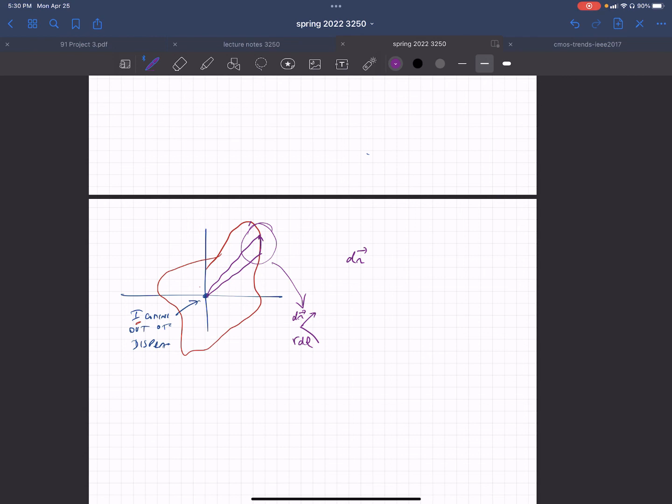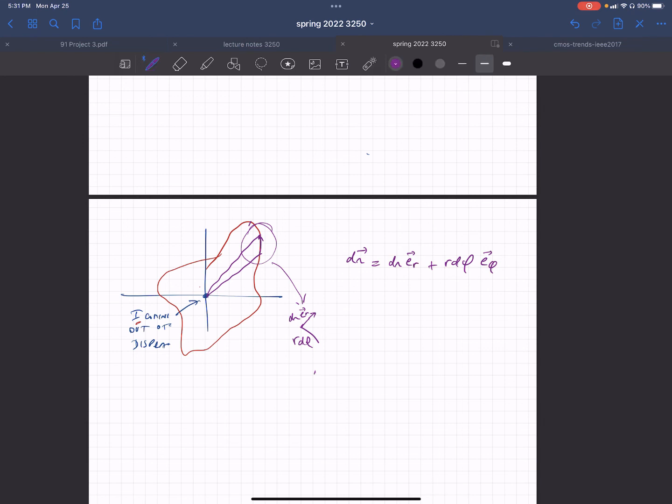So let's do it this way. A total dr is going to be dr e sub r plus r d phi e sub phi, so an angular component and a radial component.